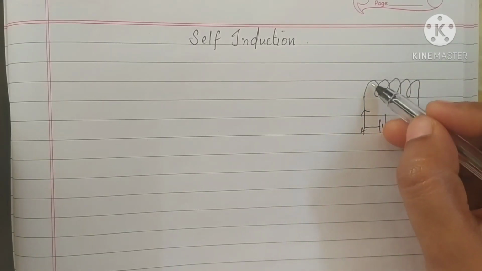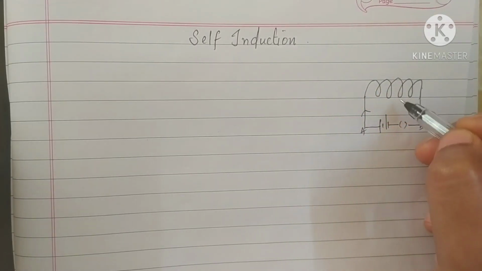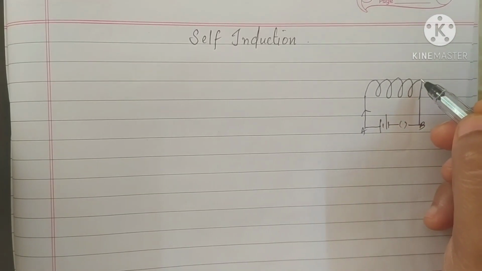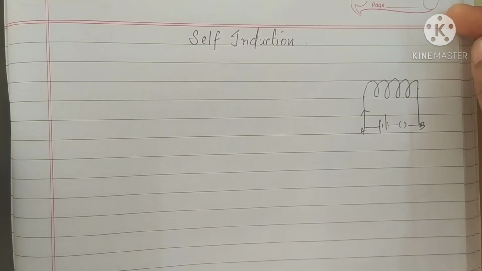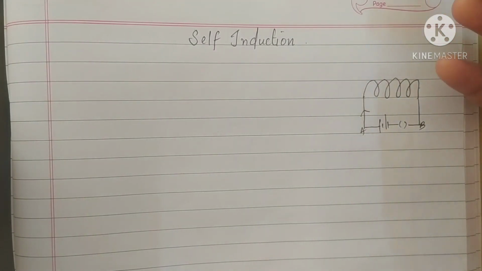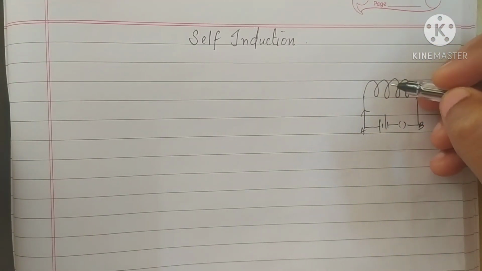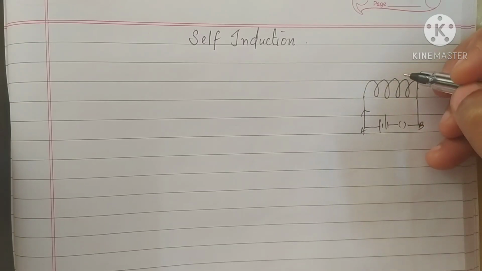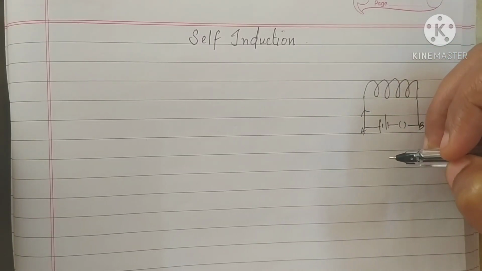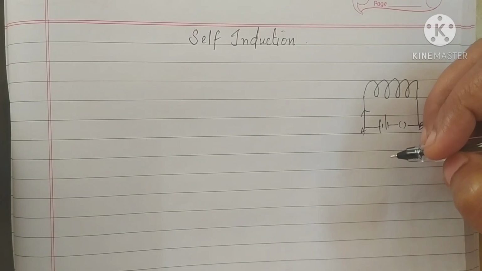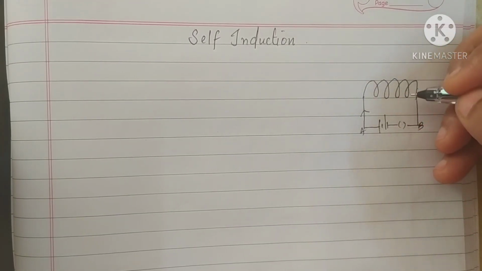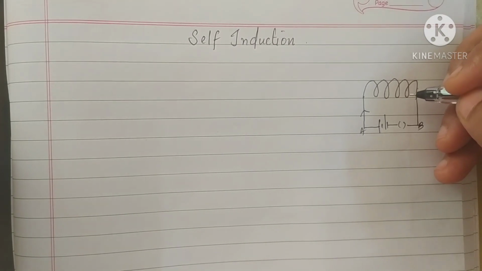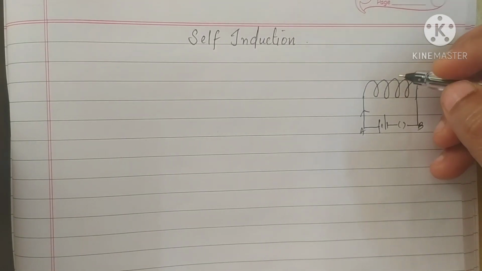When the current flows through a coil, it gives rise to magnetic flux through the coil itself. It will behave like a magnet. So when you increase the current suddenly from 0 to a maximum value, the magnetic flux inside this coil also changes.